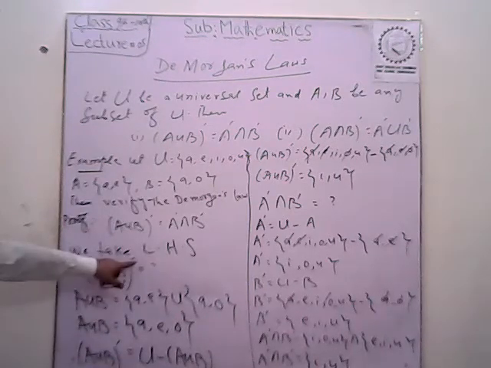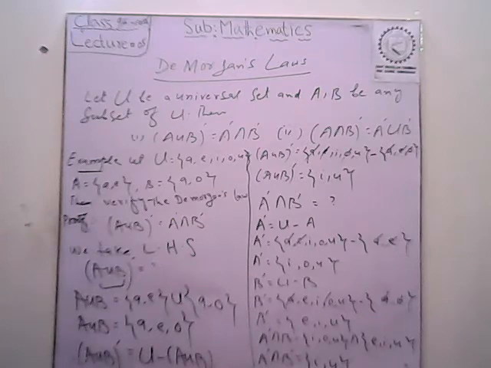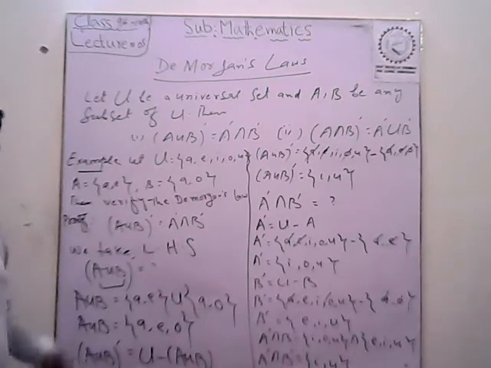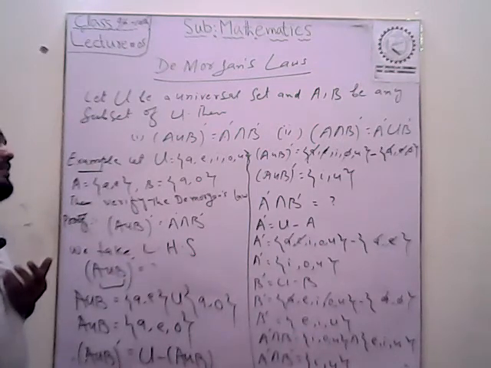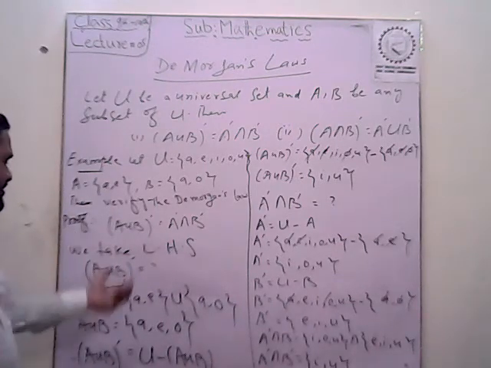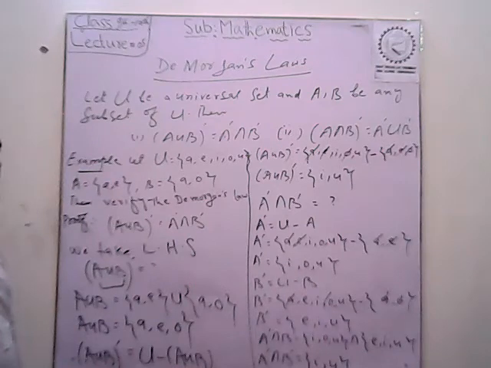Then again we solve the complement. (A union B) whole complement is equal to U minus (A union B). If we have given the universal set, then we subtract A union B from it. The elements that remain are called (A union B) whole complement.